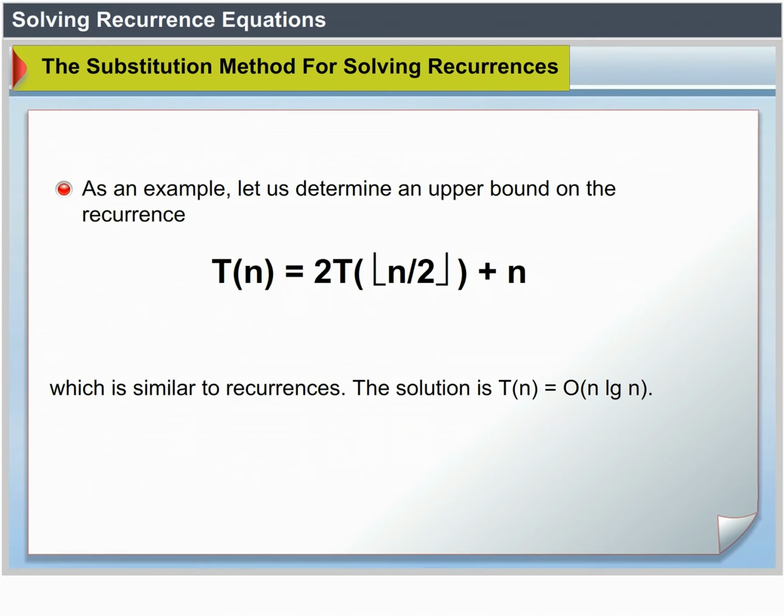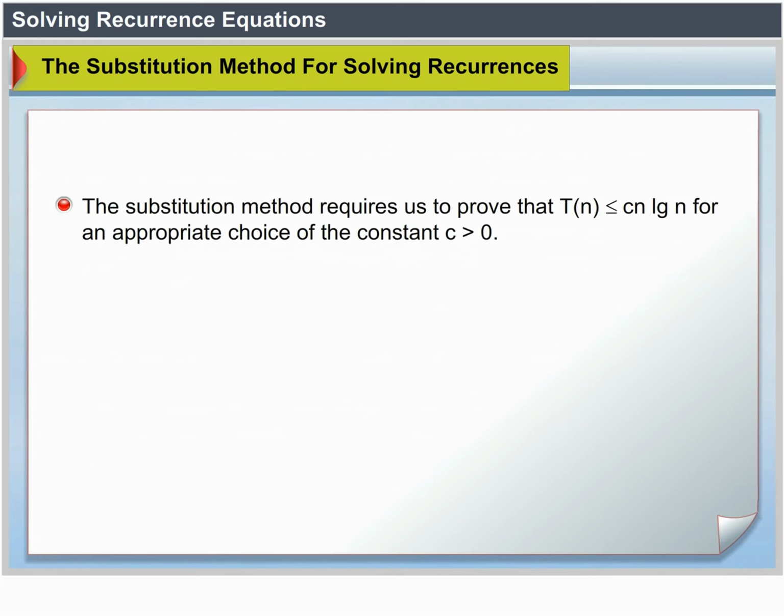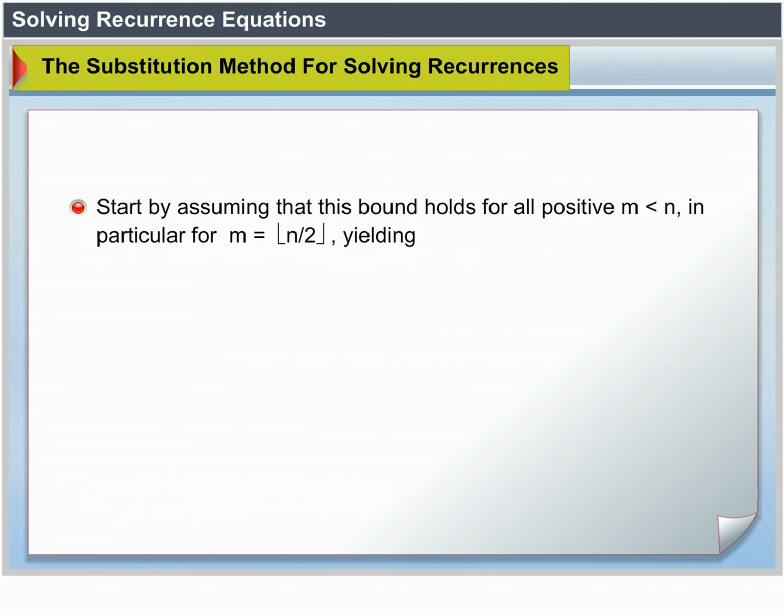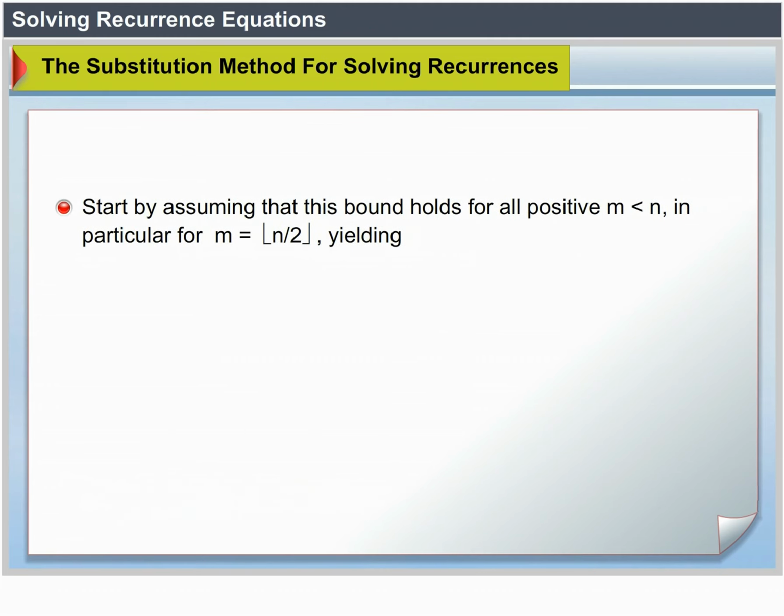The substitution method requires us to prove that T(n) ≤ Cn log n for an appropriate choice of the constant C > 0. Start by assuming that this bound holds for all positive m less than n, in particular for m = floor(n/2), yielding T(floor(n/2)) ≤ C floor(n/2) log floor(n/2).